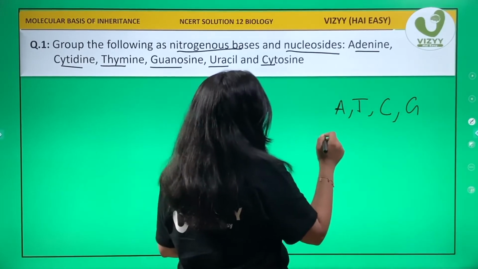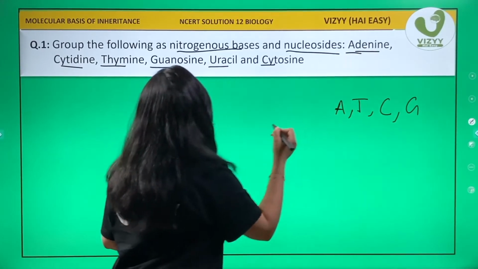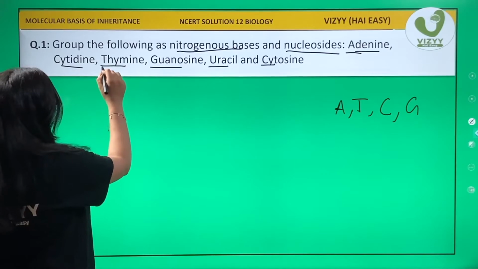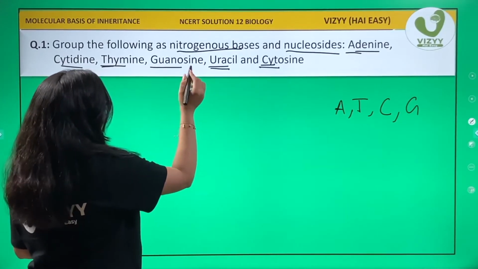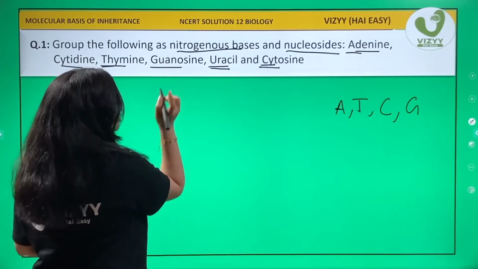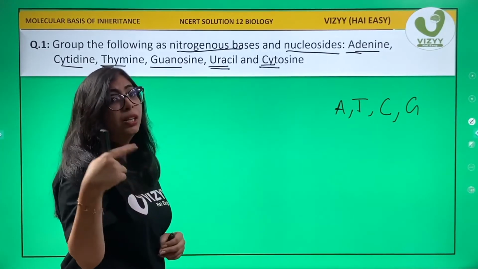Now, we have got adenine, thymine, uracil and cytosine. Note that students, over here it is guanosine instead of guanine.